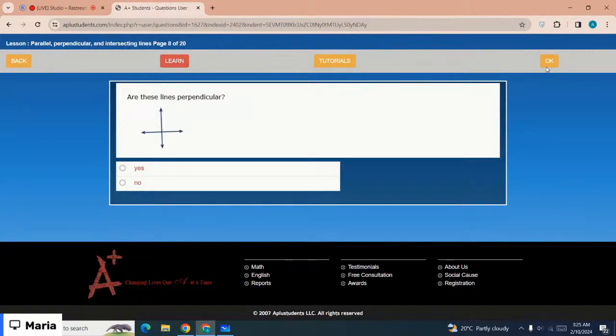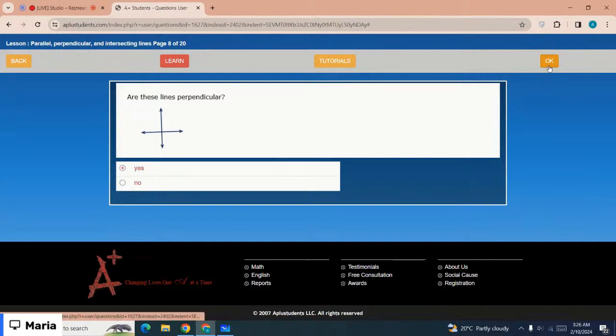Are these lines perpendicular? Yes, they are perpendicular, right?